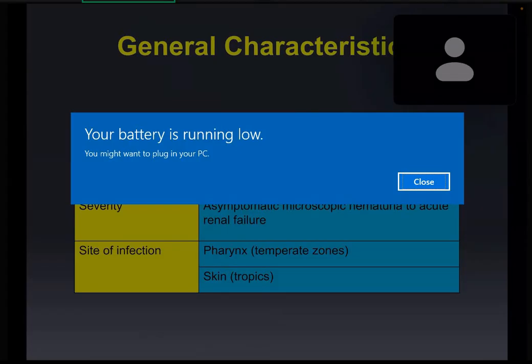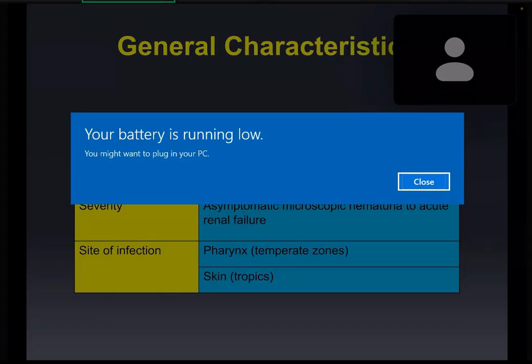So the characteristics of PSGN are as follows. It's actually more common in children than in adults. Surprisingly, it shows around 5 to 12 years old, but it goes beyond, less than 5 and more than 12 years old, although it's very rare. Because if it appears at less than 5 or more than 12 years old, you will not think of PSGN most of the time, and you will think of another cause of glomerulonephritis.